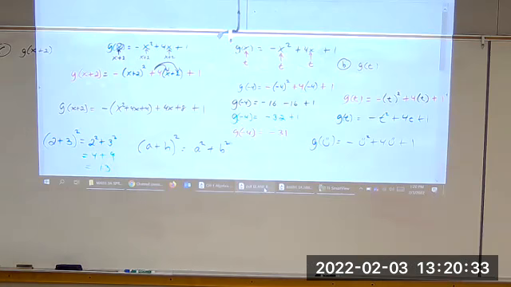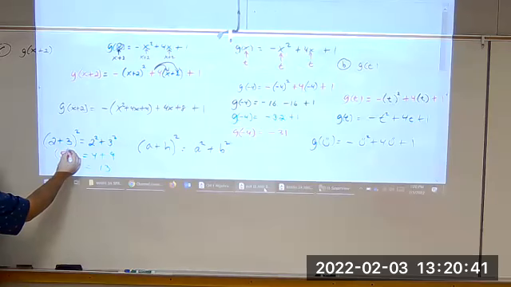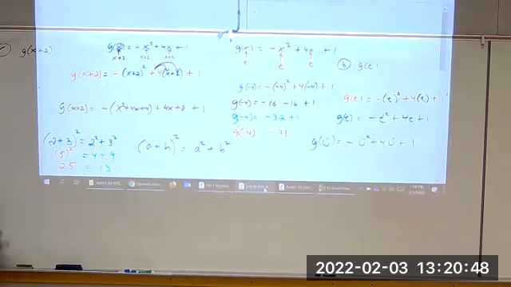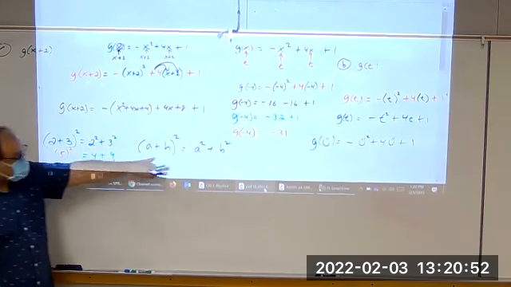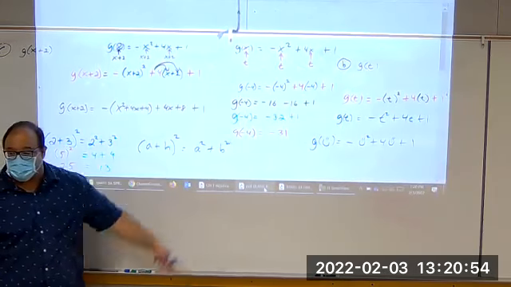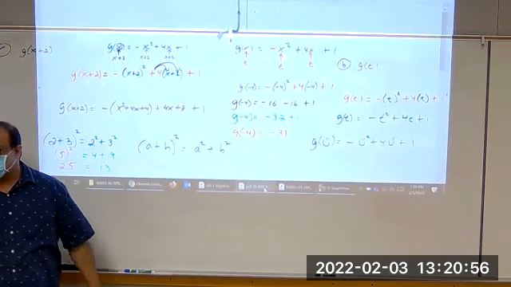But if you actually follow the order of operations and do parentheses first, what's 2 plus 3? This is 5 to the second, and 5 squared is? Are they equal? No. So this means that you can't just go, hey, a squared and b squared. You're missing something.